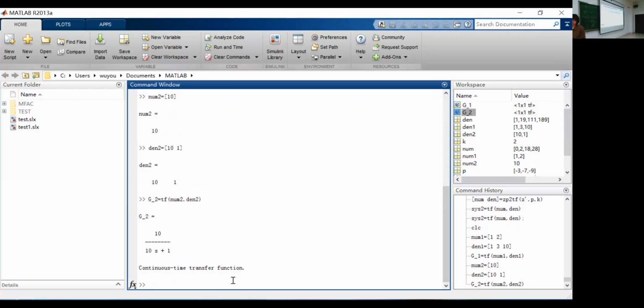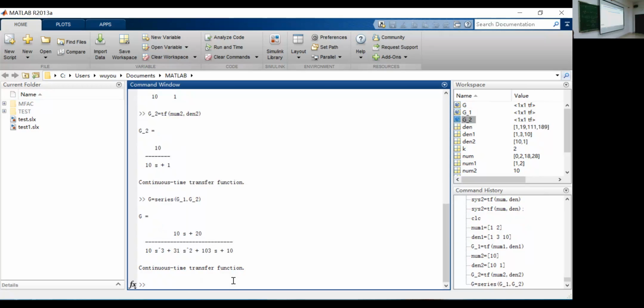Maybe we call the whole output over input transfer function upper G. So G equals series of G1 and G2. Easy? And you can do it by hand to see if this is right. Of course, it's right.